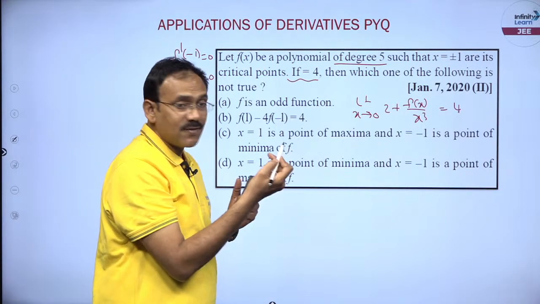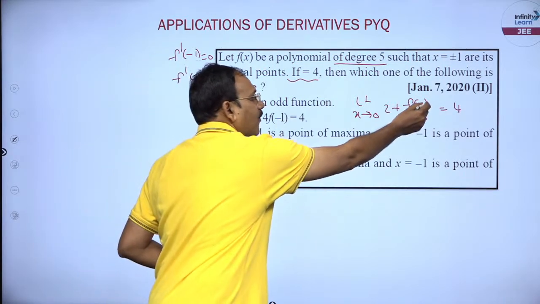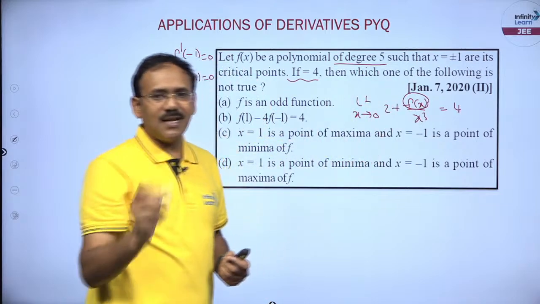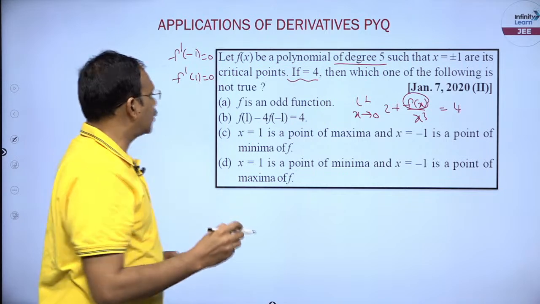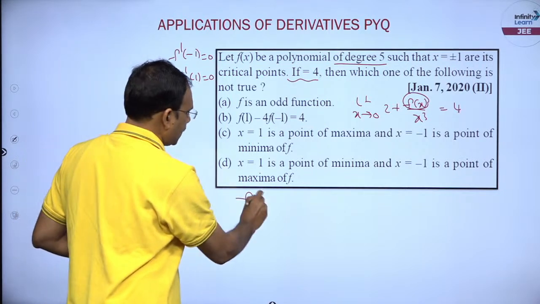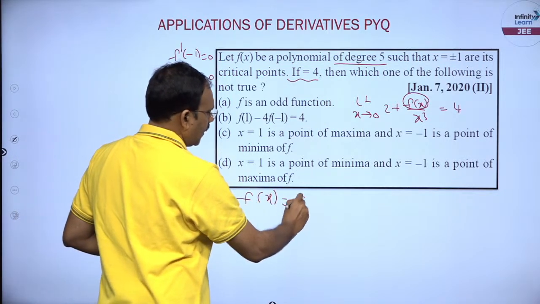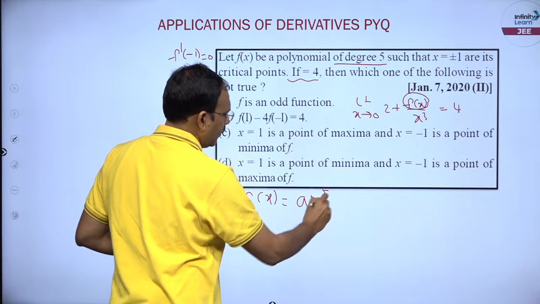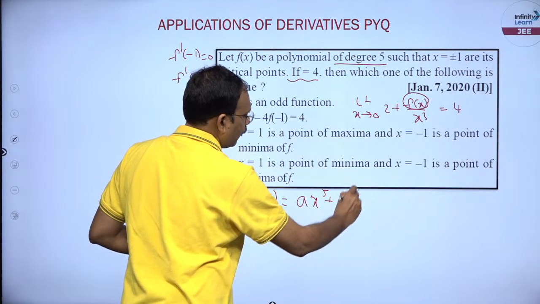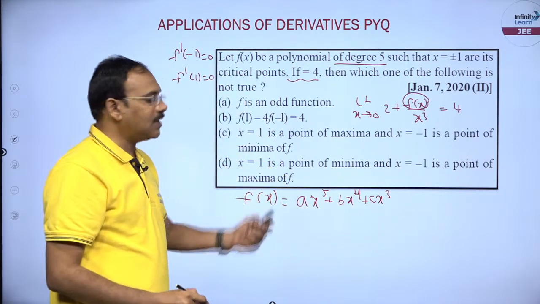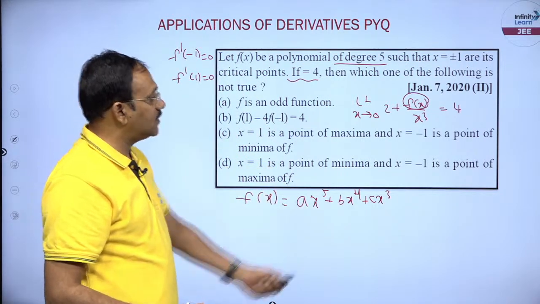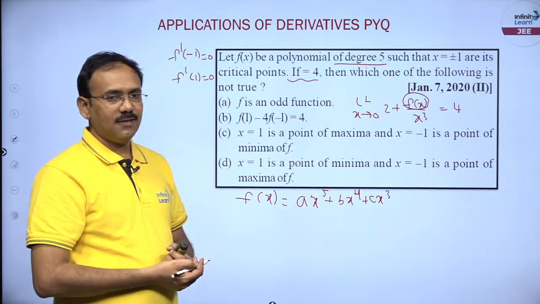But the answer is a finite number, so f of x must not contain x square term, x term, constant term, right. So, you can choose f of x like a x power 5 plus b x power 4 plus c x cube, that is all. It can't have further terms, otherwise this limit cannot be finite.